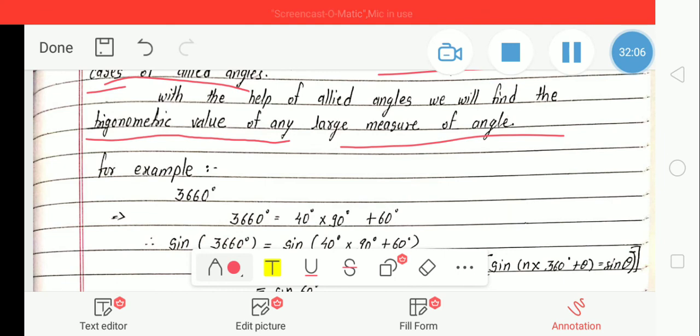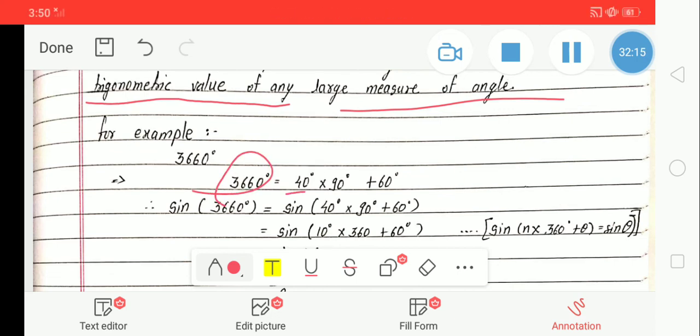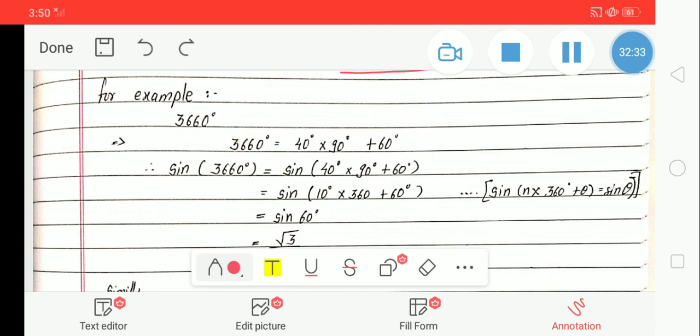Just for example, 3660 degrees we are measuring. This angle we can also write as 40 multiplied by 90 degrees plus 60. So 40 multiplied by 90 means 3600, plus 60 means 3660. Now take sine on both sides.